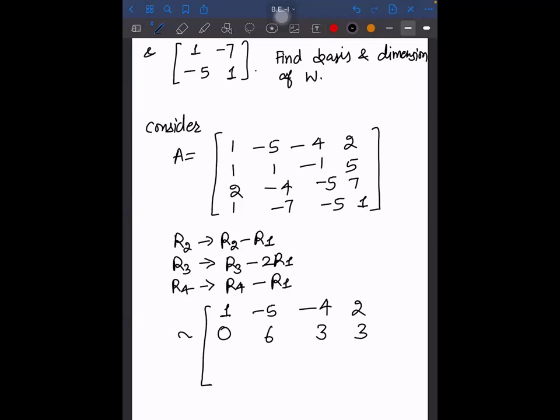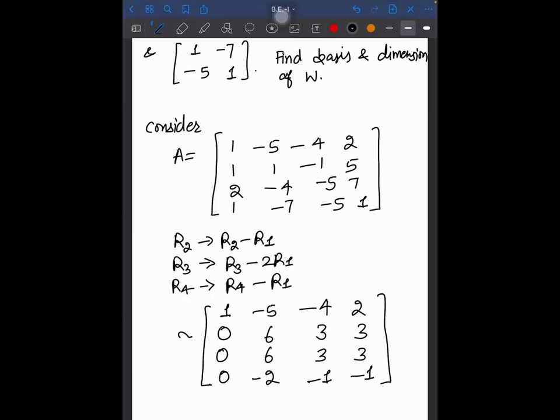Subtract 2 times, then 0, 10 plus 10 becomes 6, 8 plus 8 becomes 3, and this becomes 4 and this again becomes 3. Then the last is 0, 2, -2, and plus 4 is -1, and then 2, that is -1. Are you with me on this?